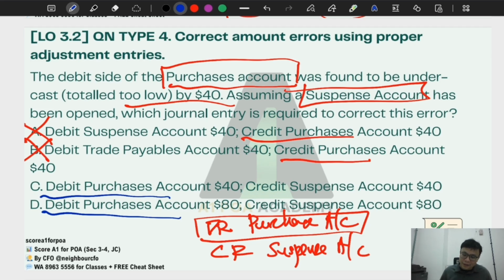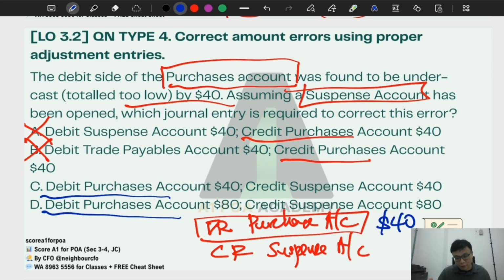But here it says that for C, the value involved is $40, whereas for D, the value involved is $80. So remember, when we say the purchases account, in this instance, the main account, is understated by $40, we need to level up to the correct amount by topping up $40.